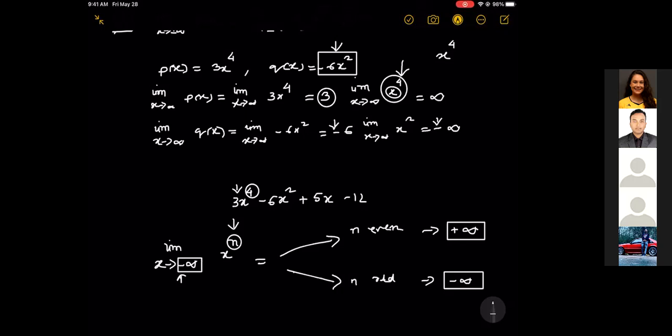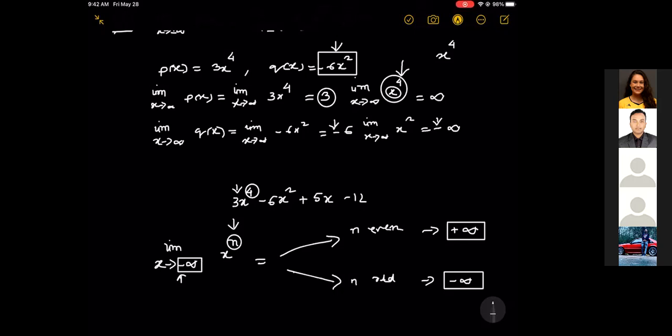You just need to imagine what's going on here. Anyone? How can you define a slant asymptote?